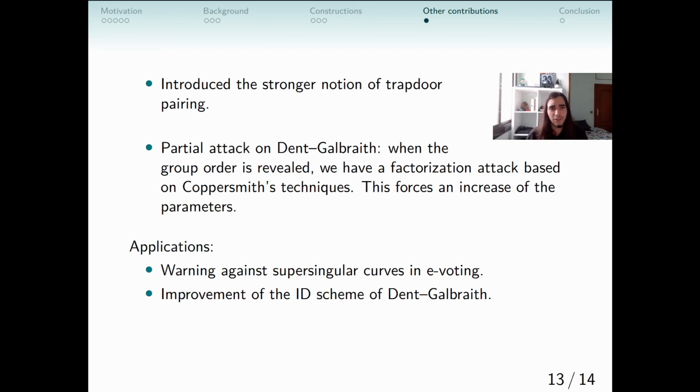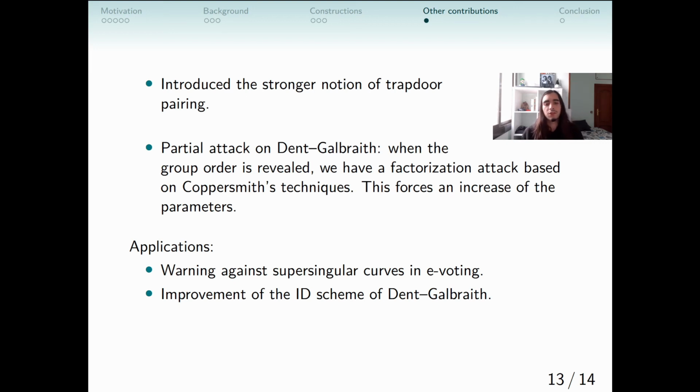So what they have is not only a trapdoor DDH, they also have a trapdoor pairing. We have some partial attack on the parameters of Dent and Galbraith in the context where the group order is revealed. This is based on a factorization attack using Coppersmith techniques, which doesn't completely break the scheme, but forces them to increase the parameters a bit.